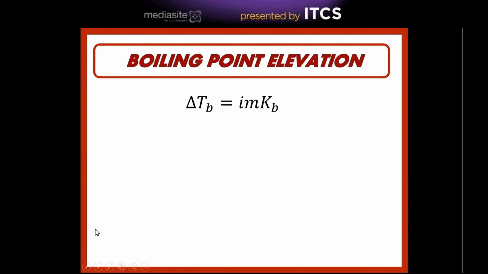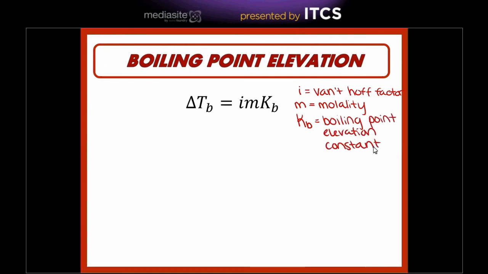So as we saw previously, boiling point actually increases, so it elevates in a solution in comparison to its pure solvent. So again, our variables here are delta T sub B, which is the change in the boiling point, is equal to i, which is the Van't Hoff factor again, times the molality of the solution, times K sub B, which is the boiling point elevation constant.